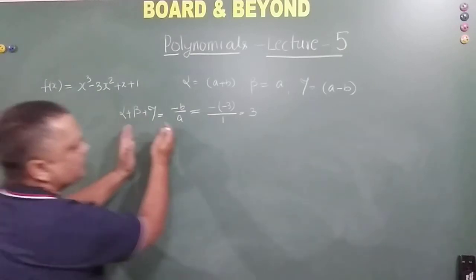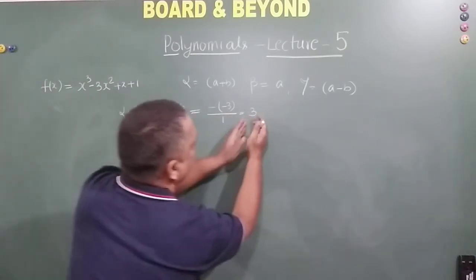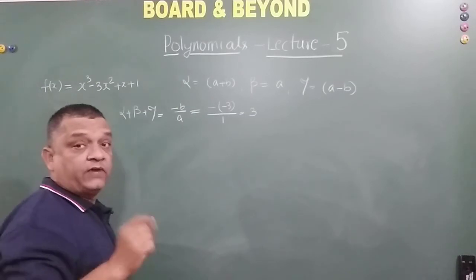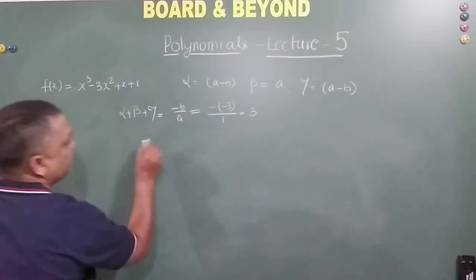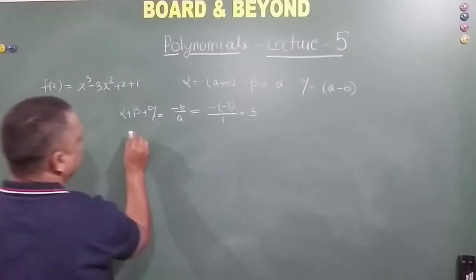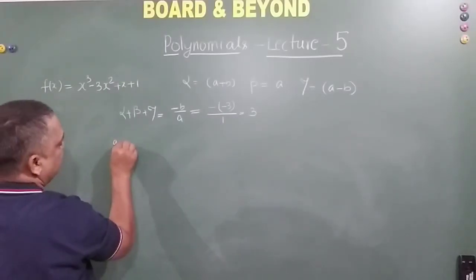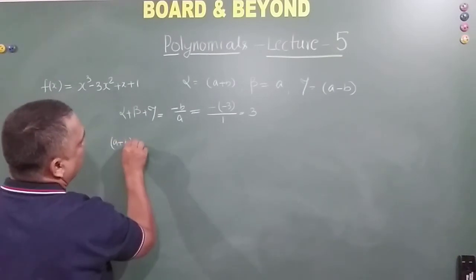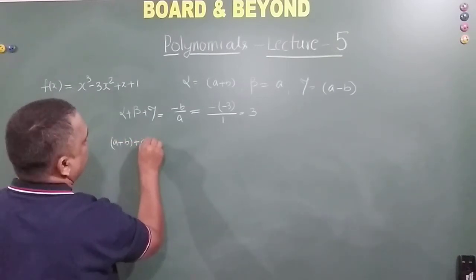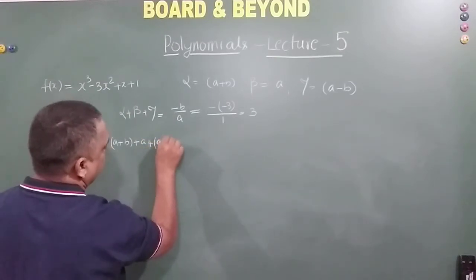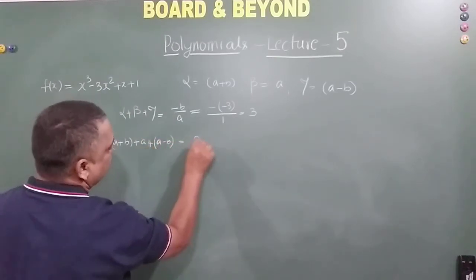We have found alpha plus beta plus gamma should be equal to 3 for this equation, but originally we had alpha plus beta plus gamma, this plus this plus this, so a plus b plus a plus a minus b should be equal to 3.